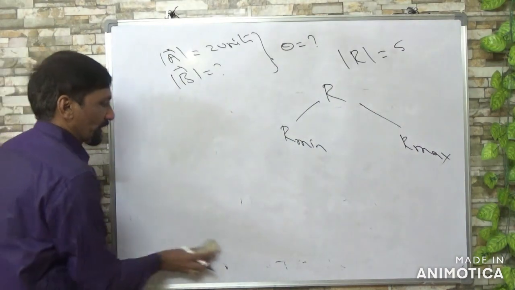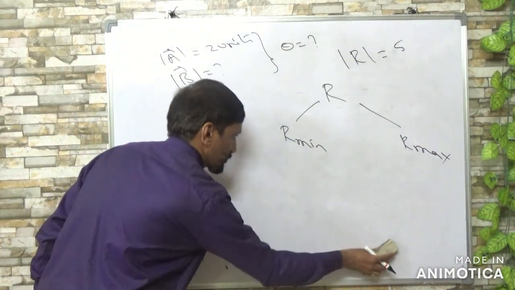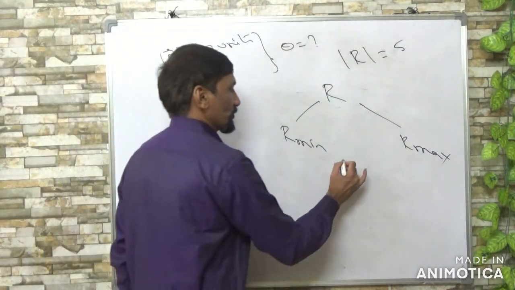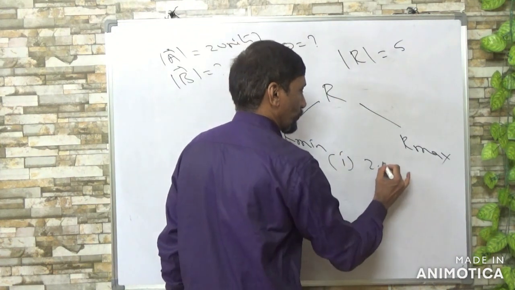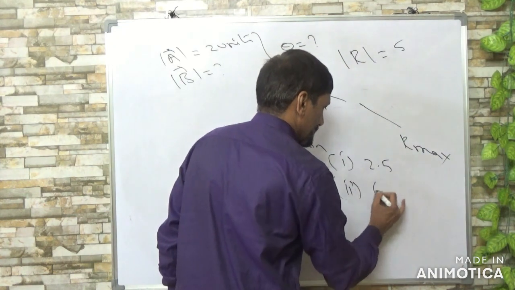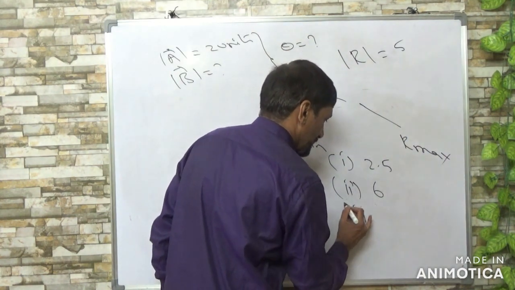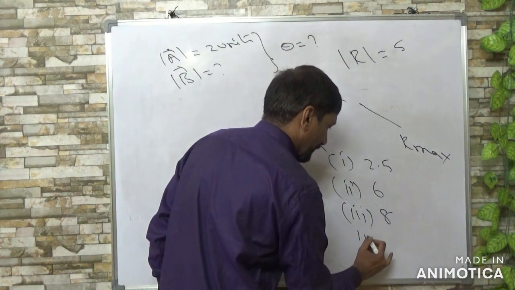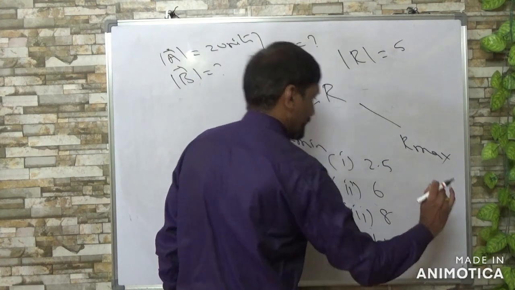You will usually be given options in any competitive exam. Say these are the options: the first is 2.5 units, second 6 units, third 8 units, fourth 12 units.